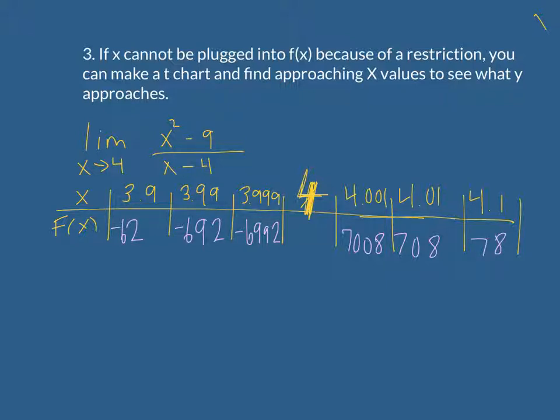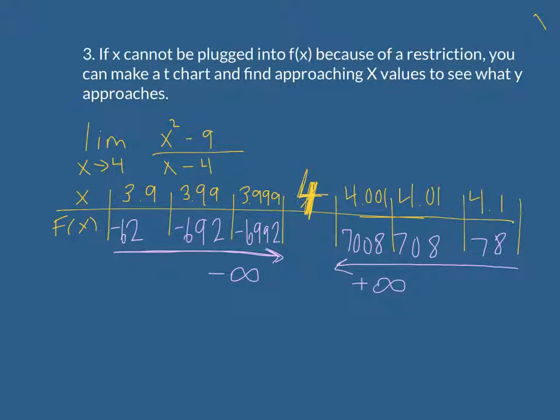Okay, so what's happening here is this is getting larger and larger negatively. So I guess we could say smaller and smaller. So this is going to approach negative infinity. And if you wanted to test more and more values and see that it's getting more and more negative, you could. From this side, it's getting bigger and bigger, but positive.